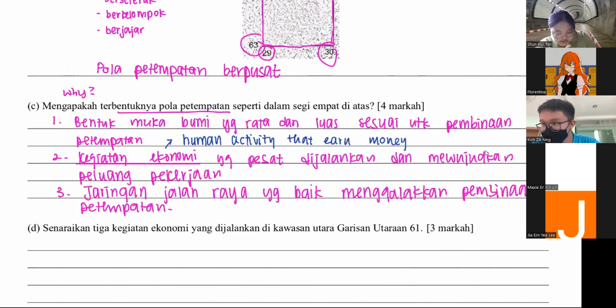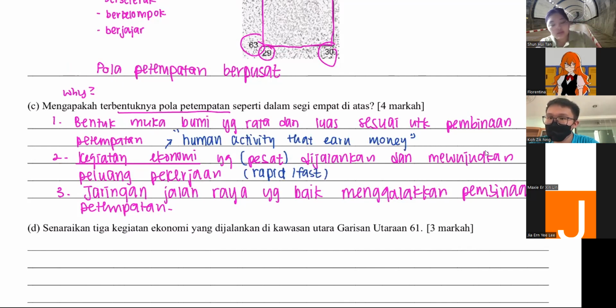The blue color was just an explanation for your friends, okay? Pesat means rapidly, fast. Rapid, fast means we have a lot of activity here, okay?